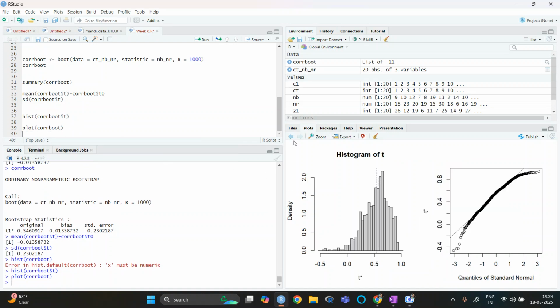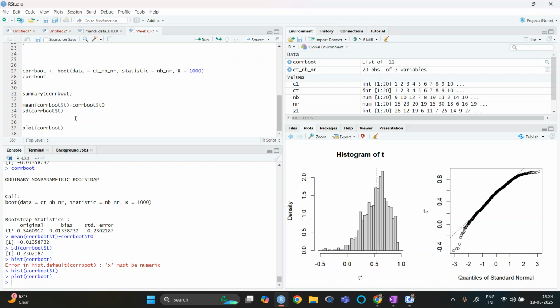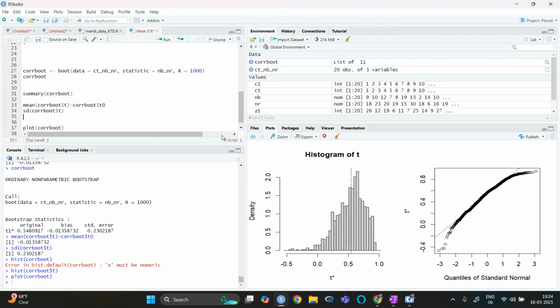The core boot plot will give you much more information than just the histogram of it. So you can see, just increase it.